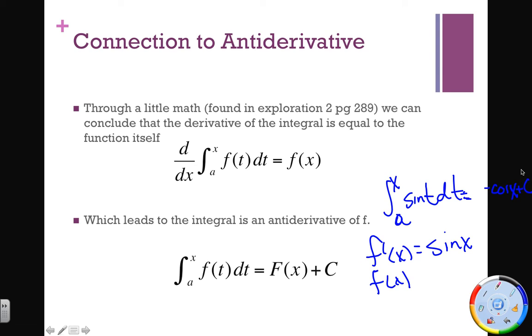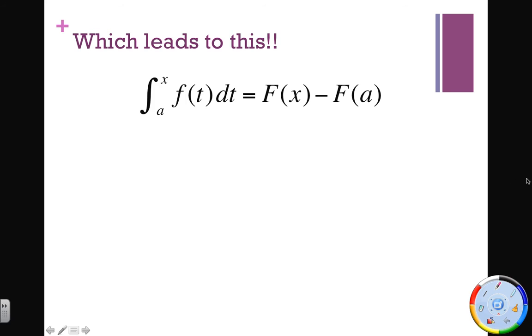All right, we're going to be doing a lot of this, so you start being comfortable with going in the wrong direction here. All right, so which leads to this. This is huge, okay? This is huge. The integral from a to x, or something to something, basically, of f of t dt is big F of x minus big F of a.